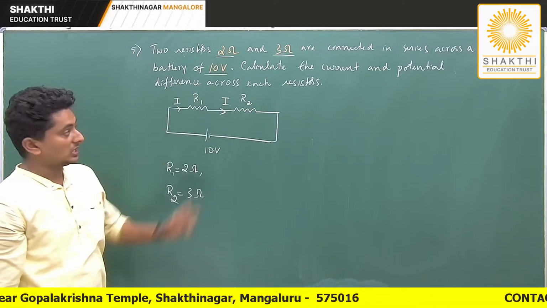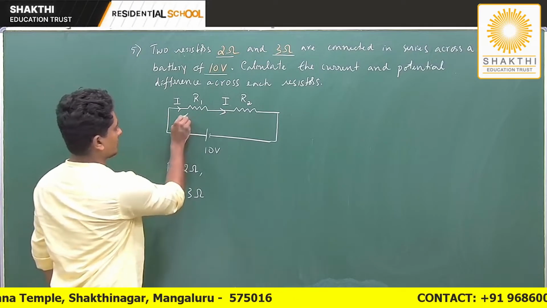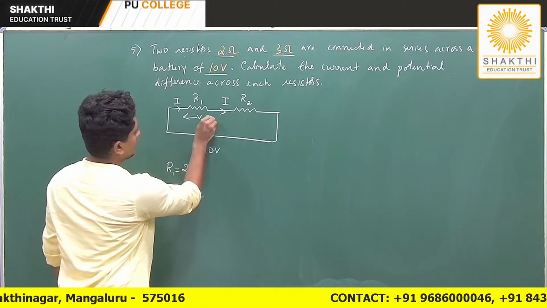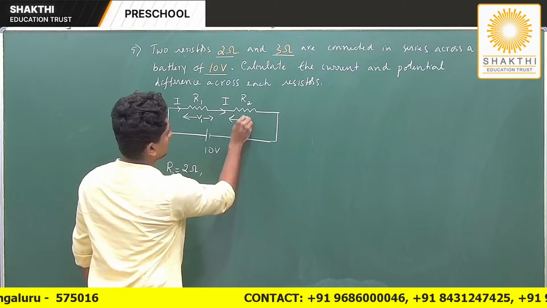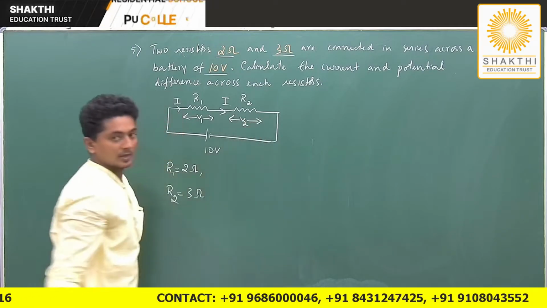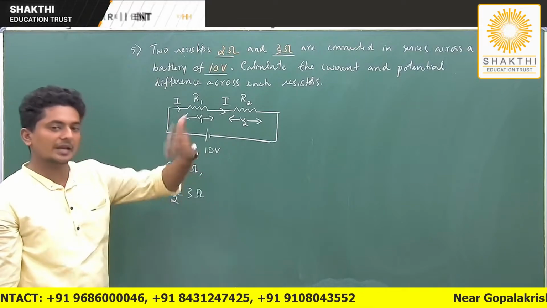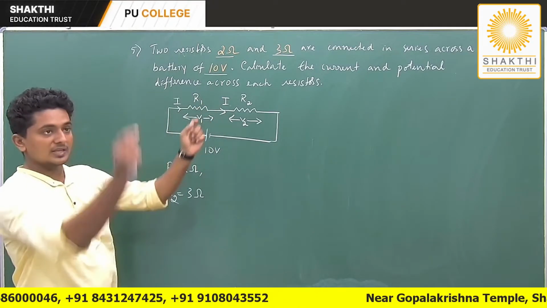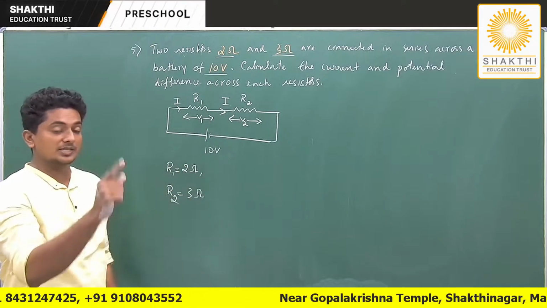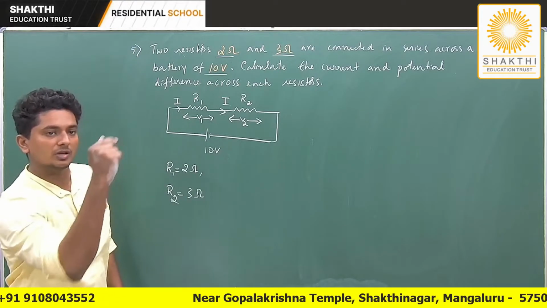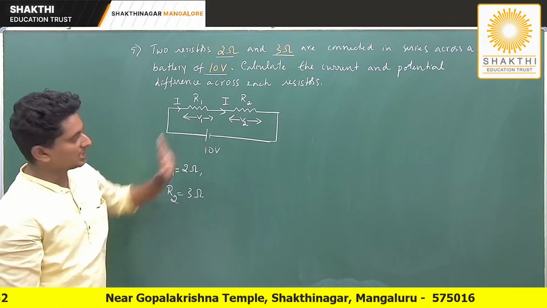But potential difference will be V1 here, V2 here. Potential difference will be different, but the current will be same in case of series. In case of parallel, it is exactly the opposite. Potential difference across each resistor will be same. In parallel combination, current will be different. Okay, so please make sure of that.